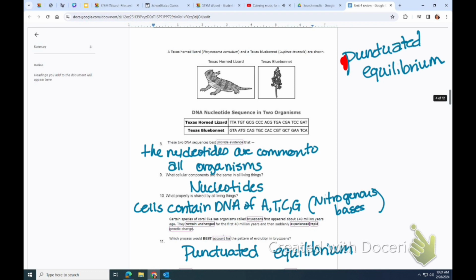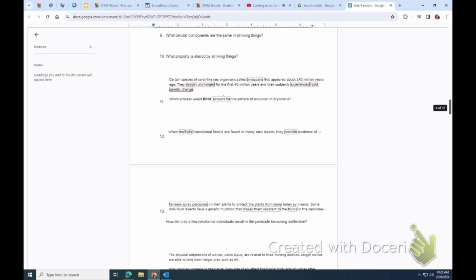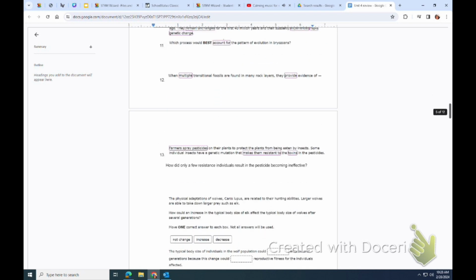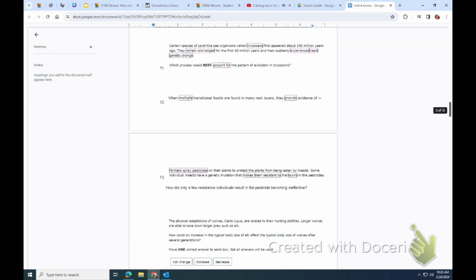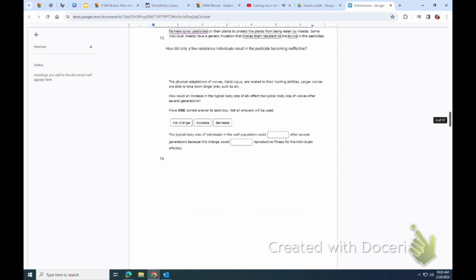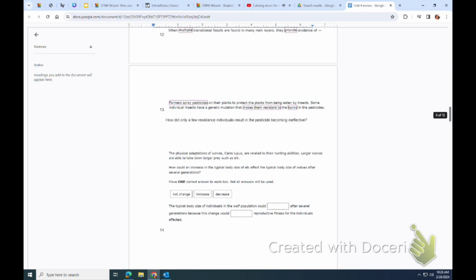Okay. Showing you the operation. All right, we're going to go now to number 12. When multiple transitional fossils are found in many rock layers, they provide evidence of, Alex?